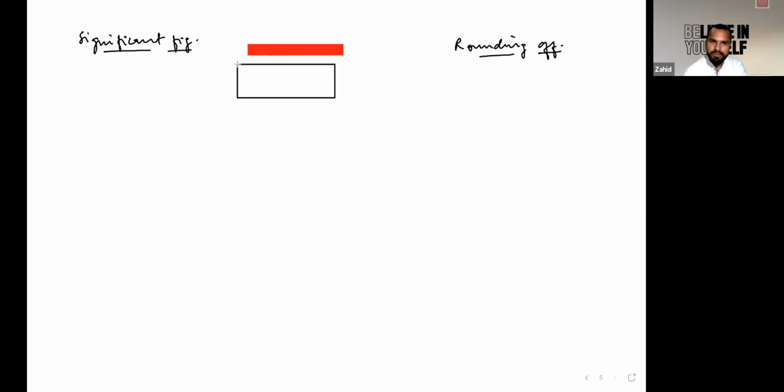So you place a ruler like this, and on the basis of the reading, you start measuring it. Let's say starting from 0, it will be 1, 2, 3, and so on. There will be 10 divisions in this whole part.